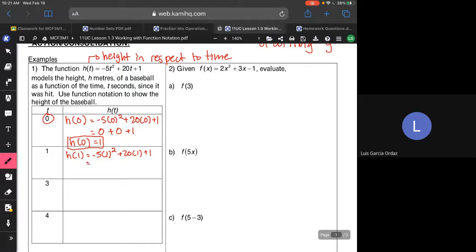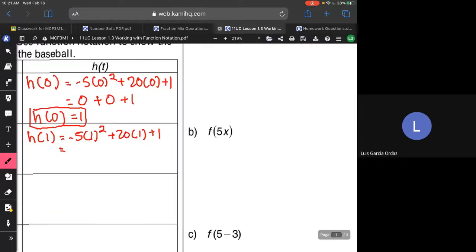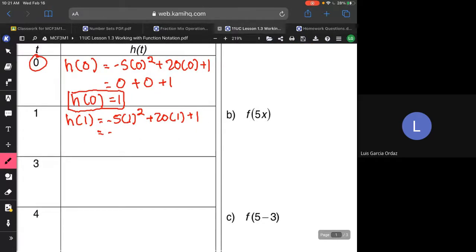So 1 to the power of 2 gives me what? 1. So I got negative 5 times 1. What's 20 times 1? Plus 1. So I got negative 5 times 1, which is negative 5, plus 20, plus 1.